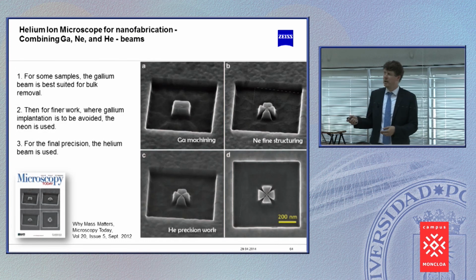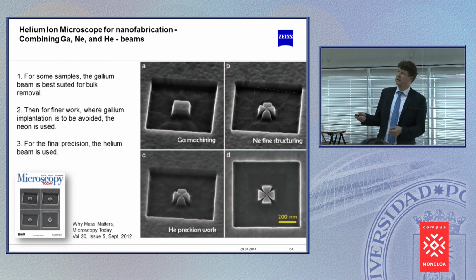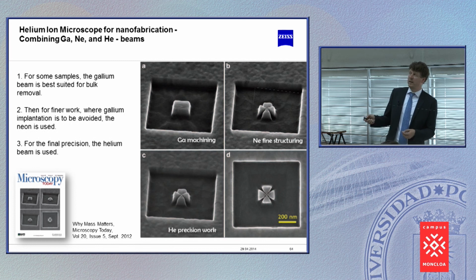Here you see this is a gold film, and we milled away this area with gallium, and it costs seconds. Then we use the neon for the fine structuring, and later on you can do the helium for the precision work, so you can really cut this cross inside this double bow tie.